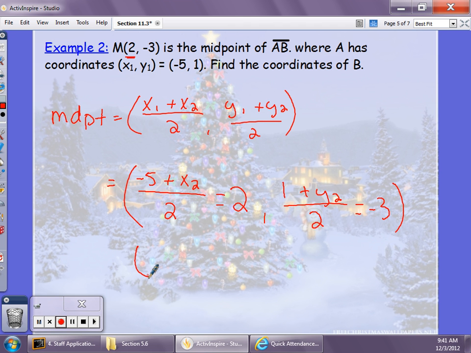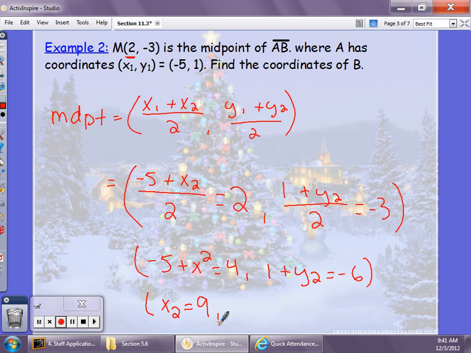So for the first equation, we're going to multiply both sides by 2. So we're going to have negative 5 plus x2 equals 4. We're going to do the same thing for the y value. So 1 plus y2 is going to equal negative 6. And now we can just simply solve our one-step equation. So if we add 5 to both sides, we're going to get that the x2 value is 9.